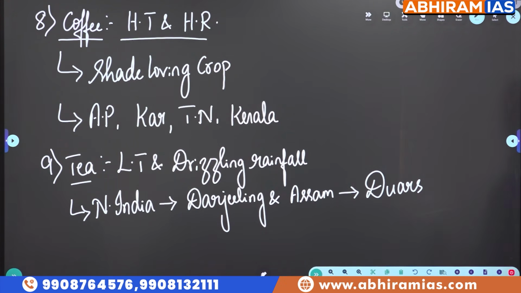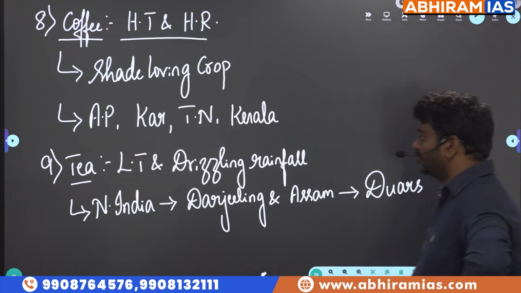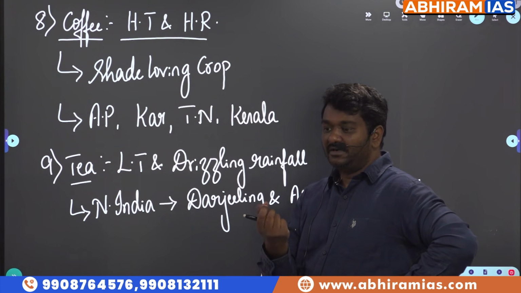Duars are alluvial deposits. This helps in tea cultivation. Drizzling rainfall means there must be cyclonic type of rainfall throughout. Continuous drizzling rainfall is required, not heavy rainfall. High rainfall normally makes people think of cumulonimbus clouds. It should be something like stratus giving rainfall. If rainfall is more, tea leaves will break.